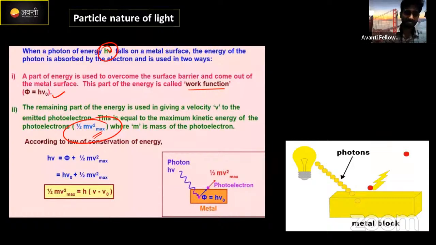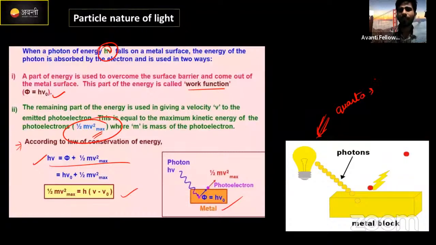By this concept, Einstein gave the equation h nu is equal to work function plus kinetic energy. We modified it by this one and we write it like this. And this is the thing which is used in this concept. Means light is coming, light is spreading over the space, it has a quantum.